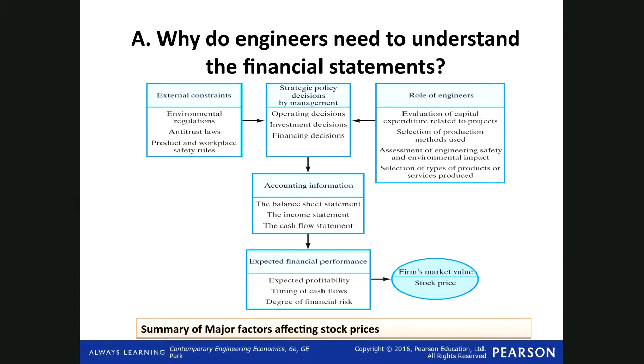What was the expectation? What was the expectation about purchasing a CNC lathe machine, or about purchasing a new factory, right? And then they will have an expected profitability. You compare your expected profit with the actual one, right? What are the different timings of cash flow?